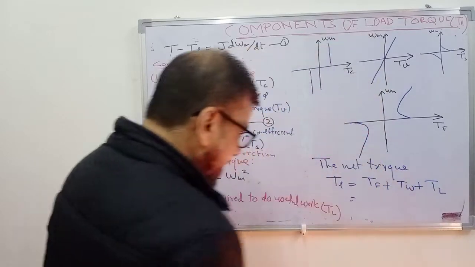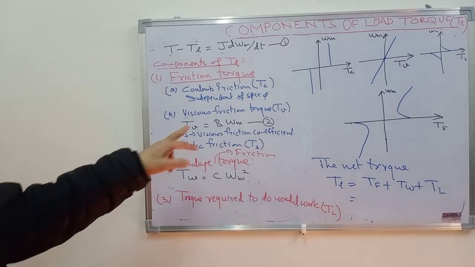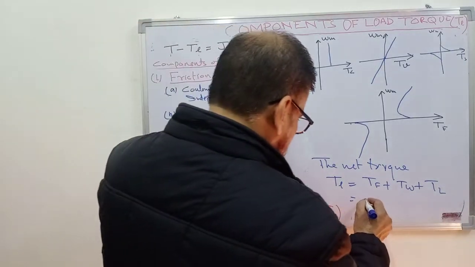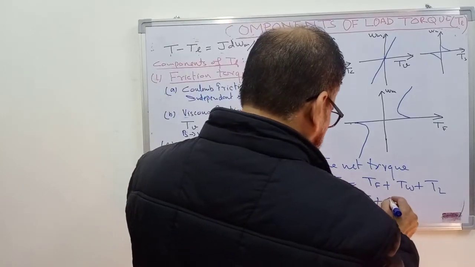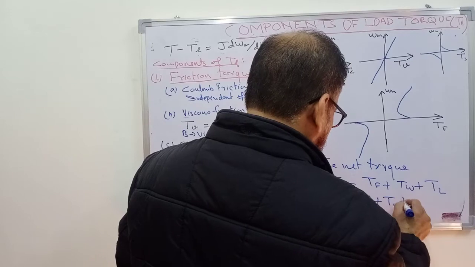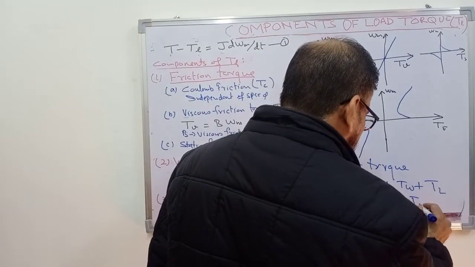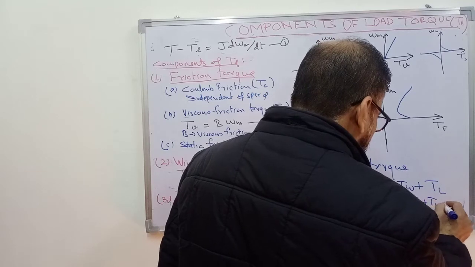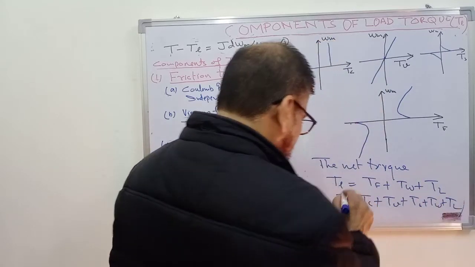Now let us break up into various components of TF. So TF includes TC plus TV, the viscous friction, and then the static friction TS. So this is the total load torque.